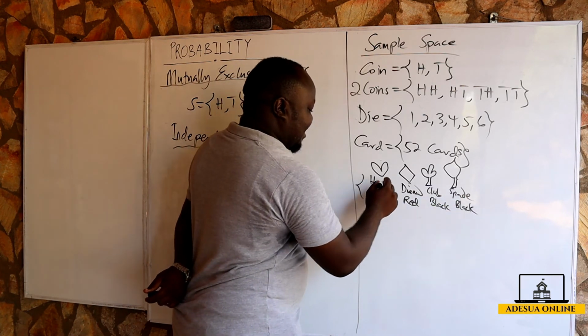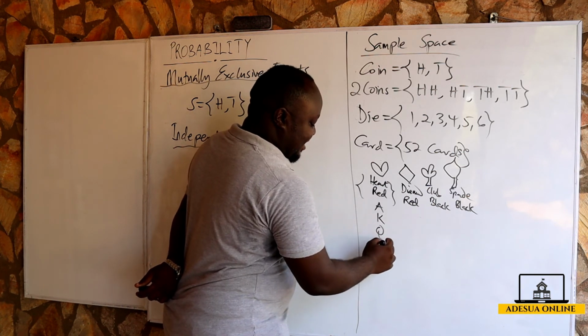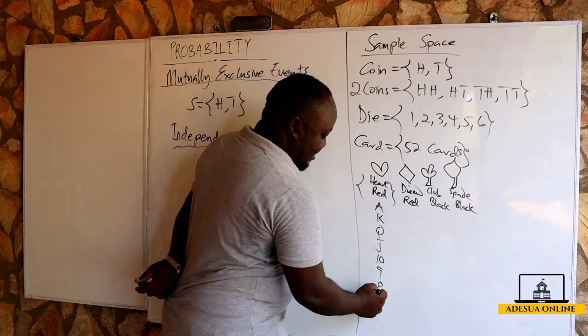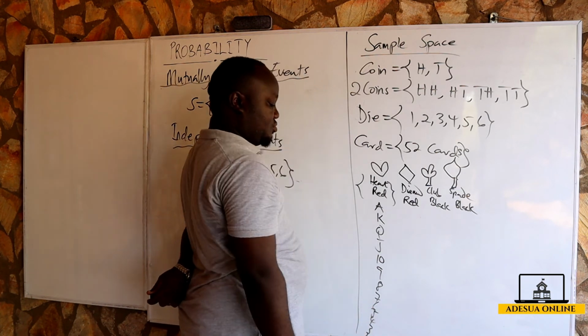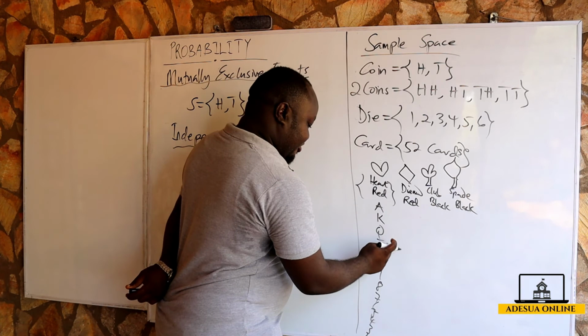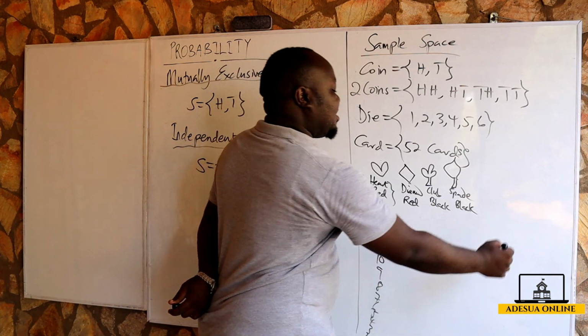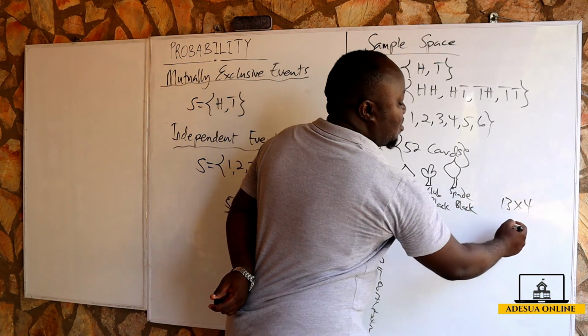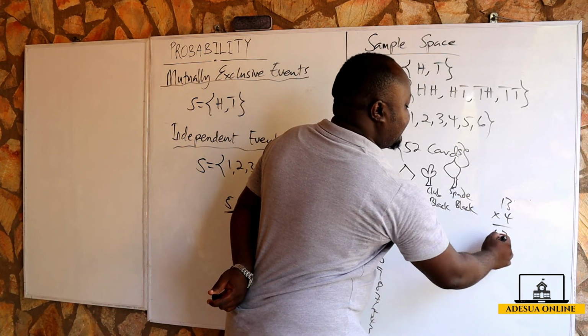Now, for each category, we have the ace, the king, the queen, the jack, 10, 9, 8, 7, 6, 5, 4, 3, 2. That is 1, 2, 3, 4, 5, 6, 7, 8, 9, 10, 11, 12, 13. So 13 times 4 will give us 52.